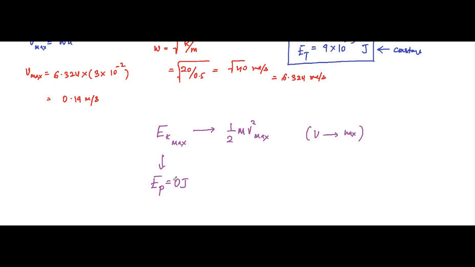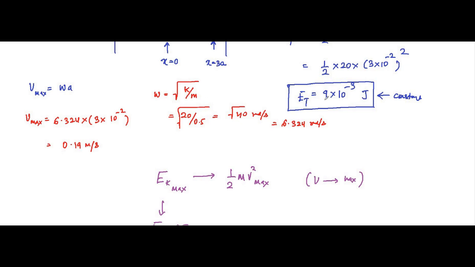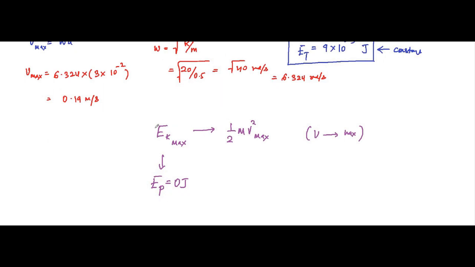When kinetic energy is at its maximum value, at that point potential energy will be 0 joule. But the sum of the kinetic energy and potential energy is always constant, that is equal to 9 into 10 to the power minus 3 joule, which means that when the kinetic energy is maximum, its value will be equal to 9 into 10 to the power minus 3 joules. So 1/2 mass of the body, which is 0.5 kg, into V square max is equal to 9 into 10 to the power minus 3.